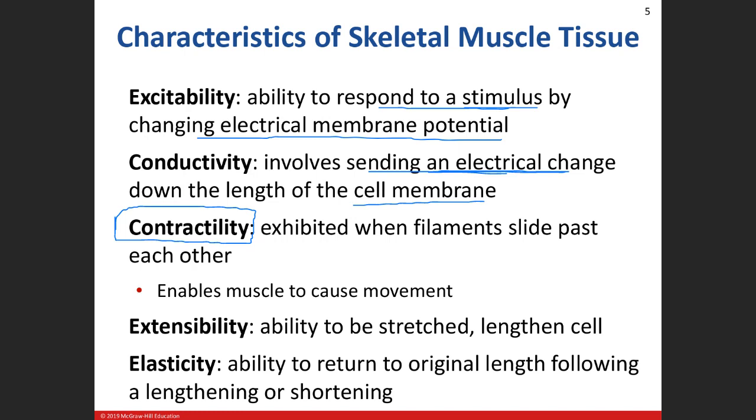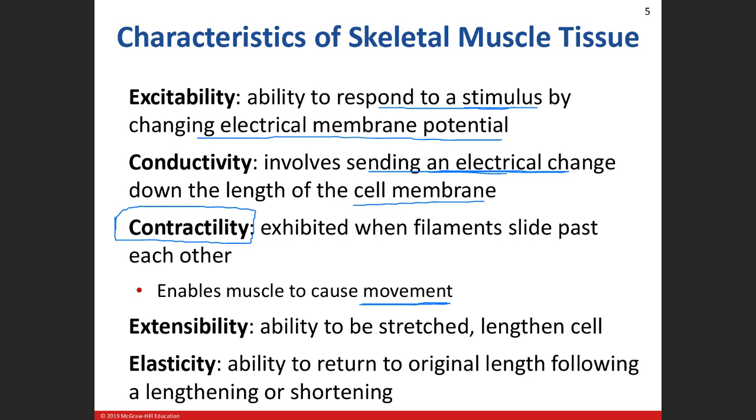So we're going to learn about that, and that contractility is going to result in movement. So when these fibers are moving past each other and creating that contraction, that shortening of the muscle, then we're going to see, as a result, some movement out of that.